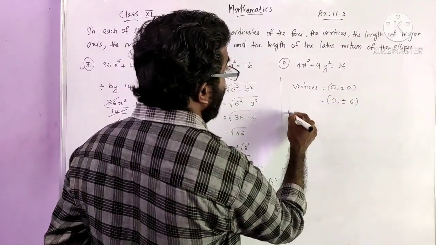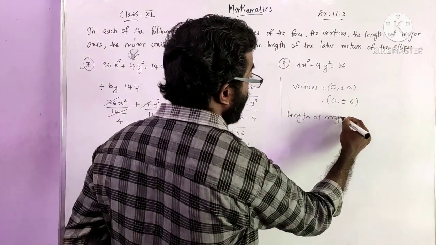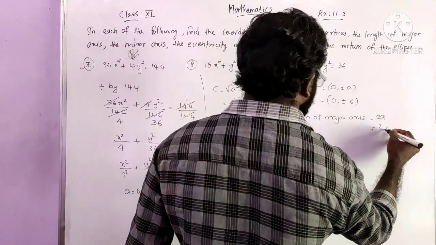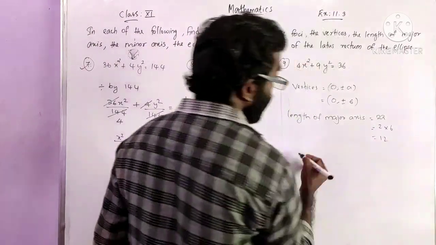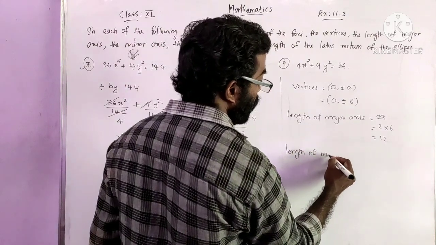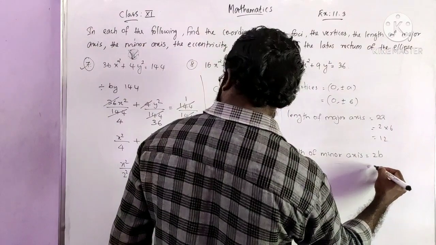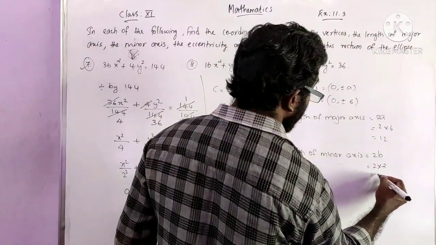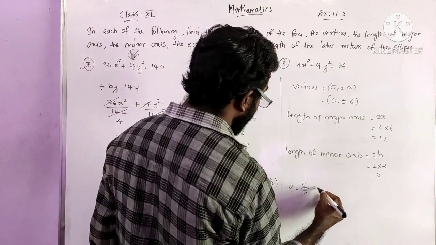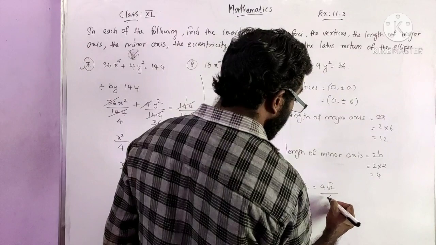Then length of major axis, 2a, so 2 into 6, 12. Then length of minor axis, 2b, here 2 into 2, 4. Then eccentricity is equal to c by a, 4 root 2 divided by a is 6.